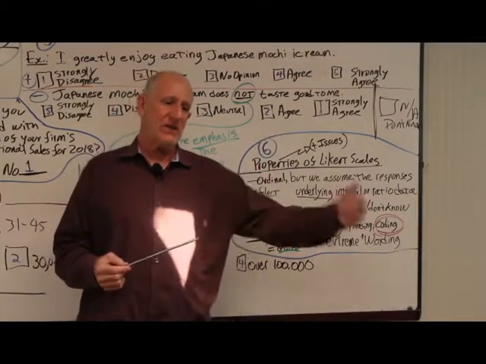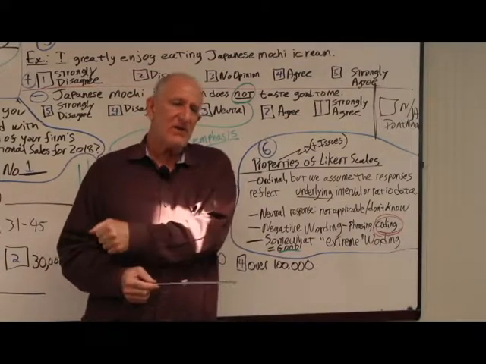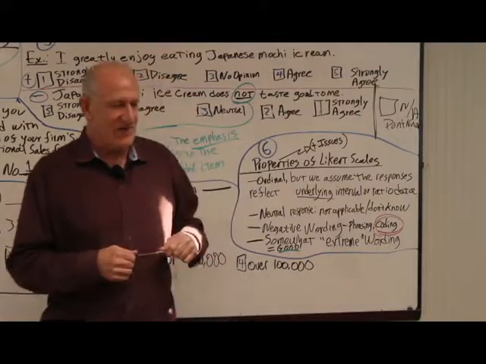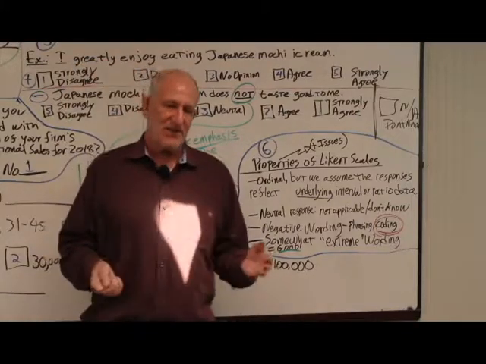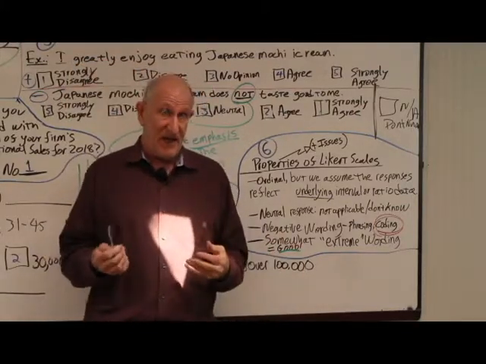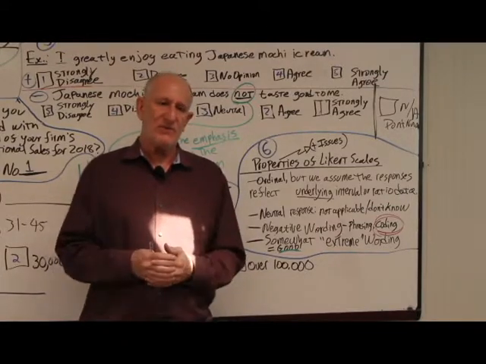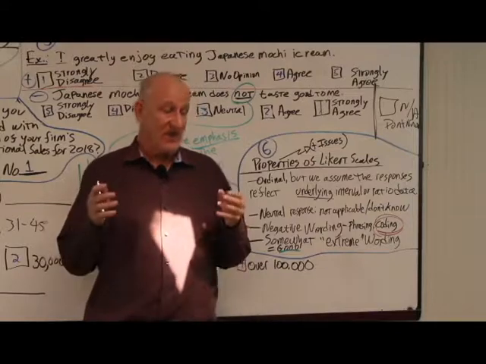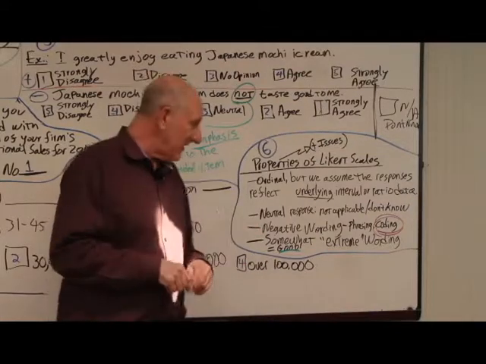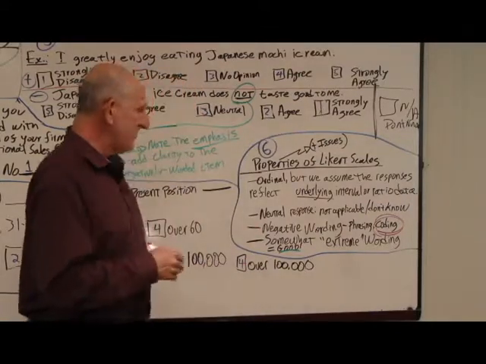They can really disagree with it or really agree with it. Just saying something like, I think Japanese mochi ice cream tastes okay, is not worded extremely enough. It won't evoke the types of genuine responses that you're looking for. So extreme wording. And those are the properties and issues of Likert scales.